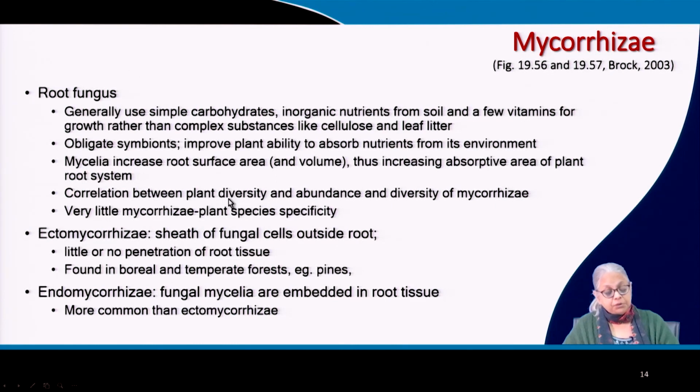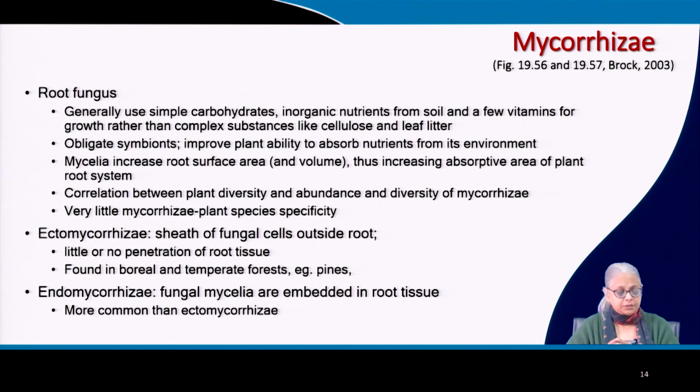There is a significant correlation between plant diversity, abundance, and diversity of the mycorrhizae. There is very little specificity. Mycorrhizae and plant species are not necessarily specific combinations. They can be non-specific relationships. There are two types of mycorrhizae listed in the book.